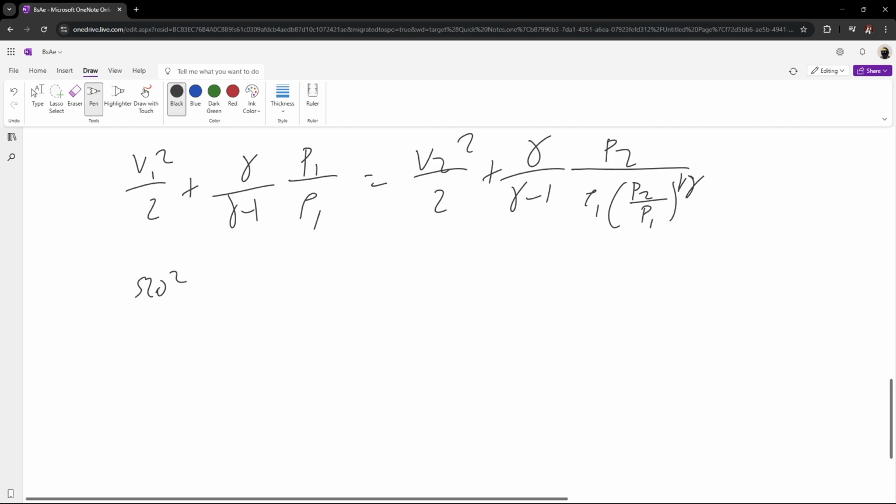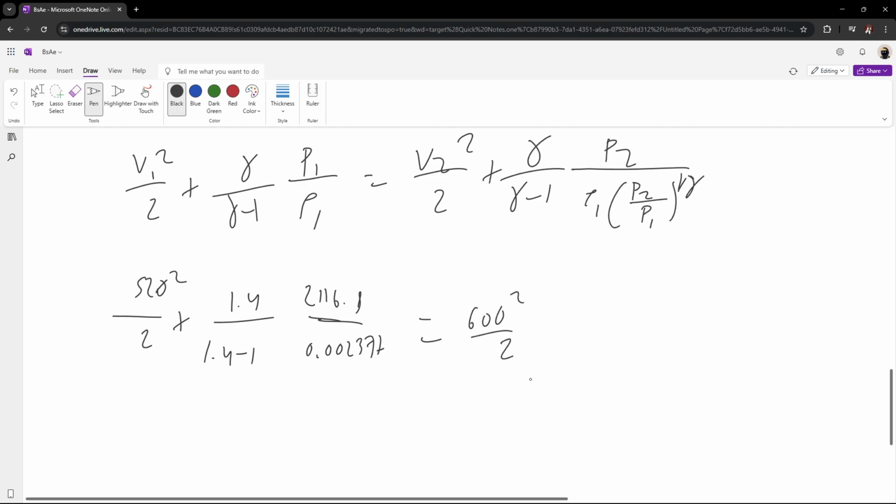520 squared over 2 plus 1.4 over 1.4 minus 1, pressure 1 is 2116.8 over 0.002377, equals V2 squared, 600 squared over 2 plus 1.4 over 1.4 minus 1.